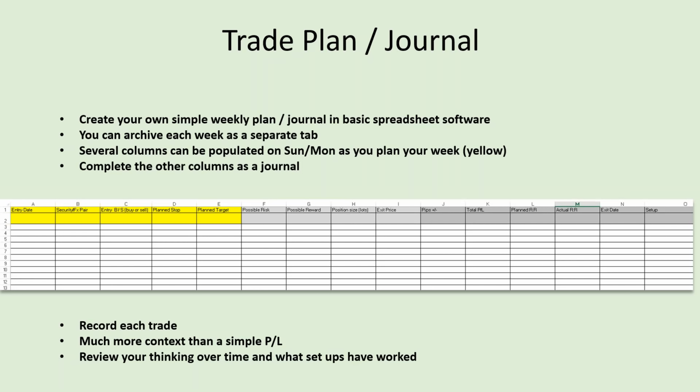And then as you look at actually placing a trade, those middle columns, you want to look at your risk reward, your position size, and then your eventual exit. And then on the right side is where you get into the journaling, right? How many pips, or whatever market, however you're trading, you want a way to keep score and look at your upside or your downside, your planned risk reward, your actual risk reward, your exit date.